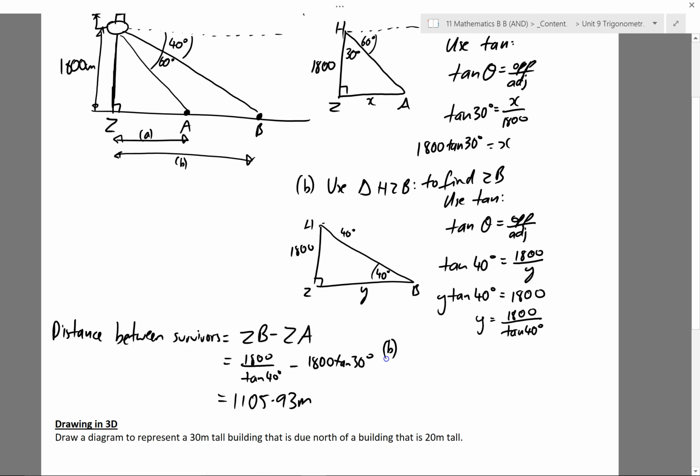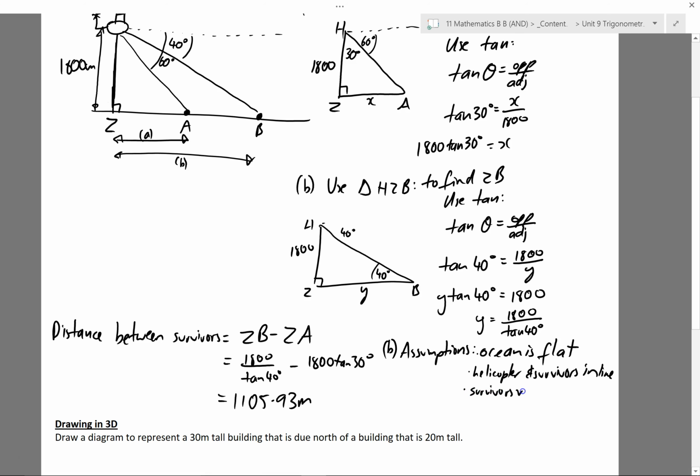So we can think of a whole heap of assumptions. Okay, we need to assume that the ocean is flat. What else do we need to assume? That the helicopter and survivors are in a straight line. What else? That they're staying steady as well.